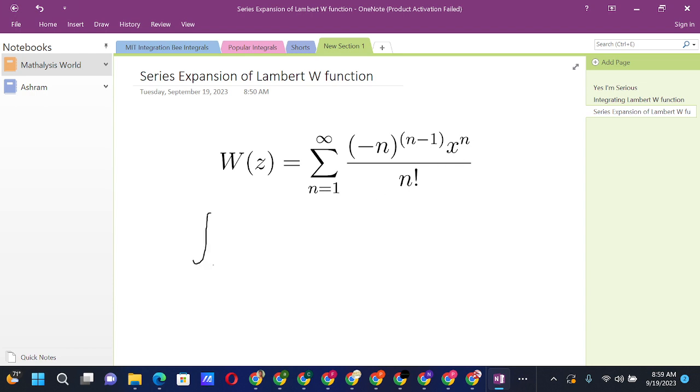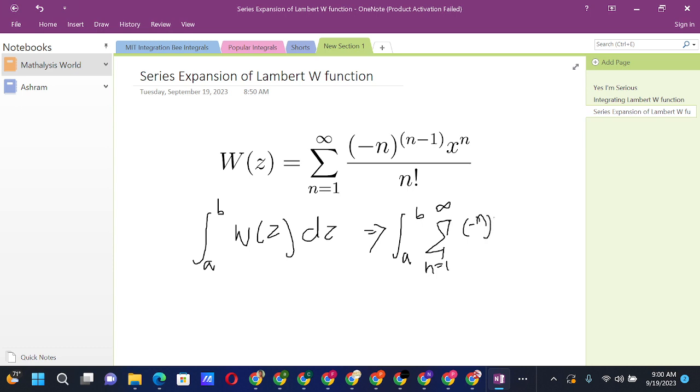So if we have to integrate Lambert W of z dz from a to b, we can integrate its series, n equals 1 to infinity, negative n to the power n minus 1, x to the power n by n factorial, and then we can interchange the sum and the integral, and then proceed.